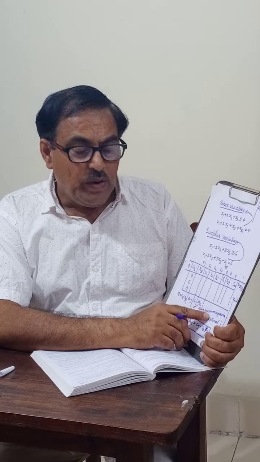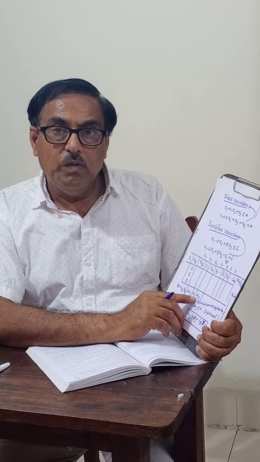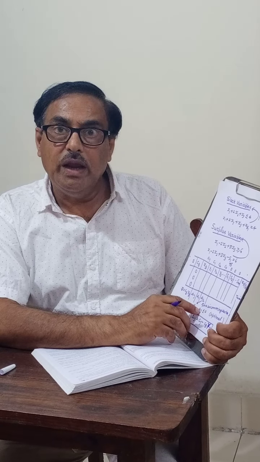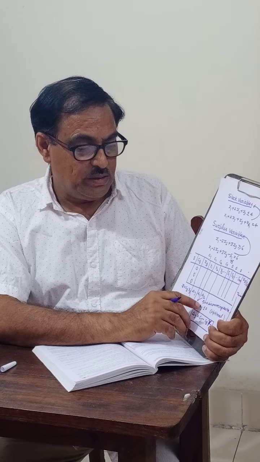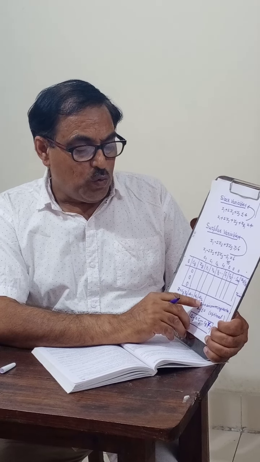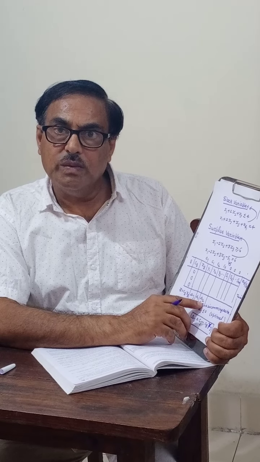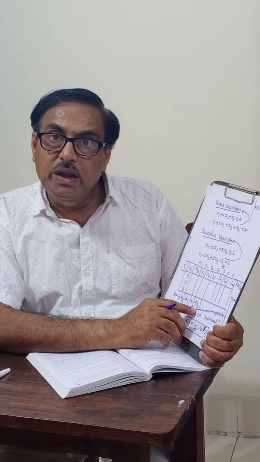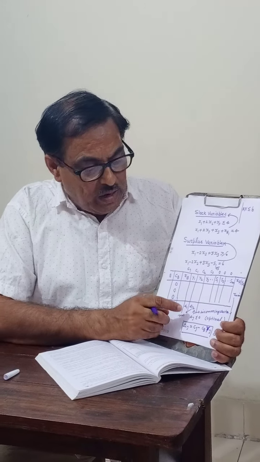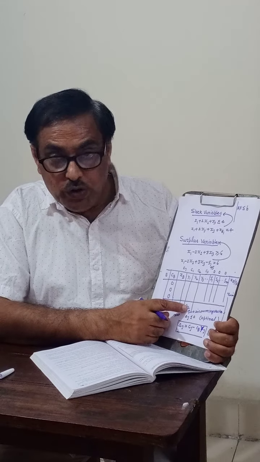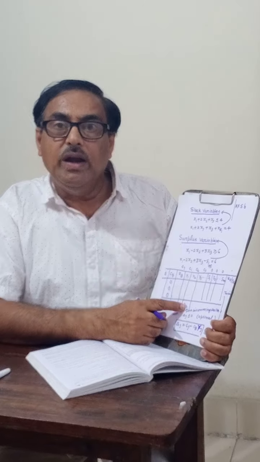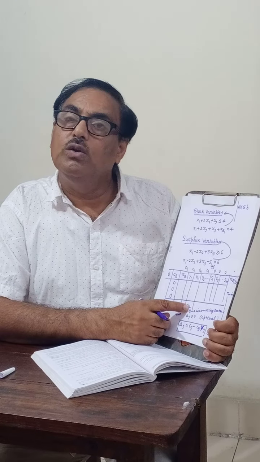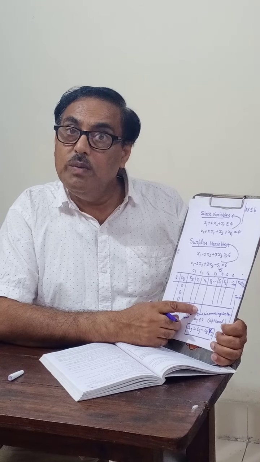Among all values of delta, we select the maximum value of delta j and see in which column it exists. Suppose delta k is maximum, then yk will be the incoming vector. Here, if delta 2 is maximum among delta 1, delta 2, delta 3, then y2 will be the incoming vector.